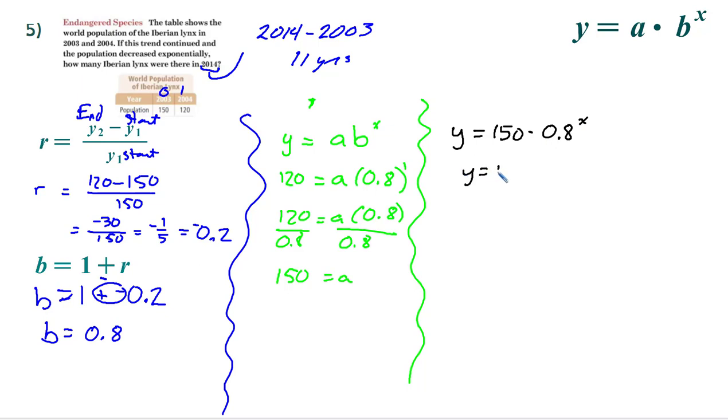And so for this specific instance, we are looking at year 11. And when we type that in our calculator, we end up with 12.8 approximately, which is approximately 13.